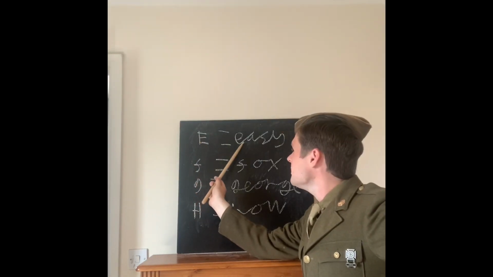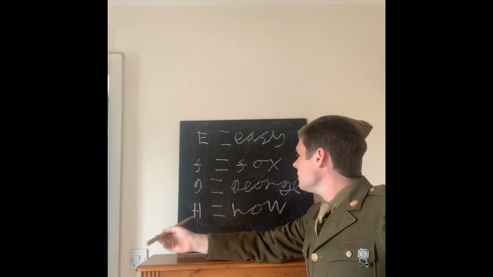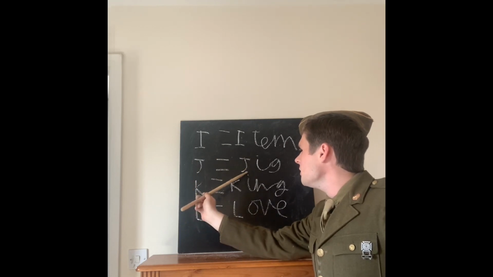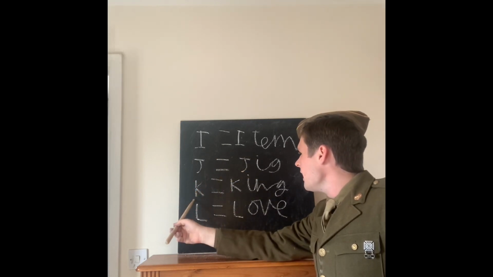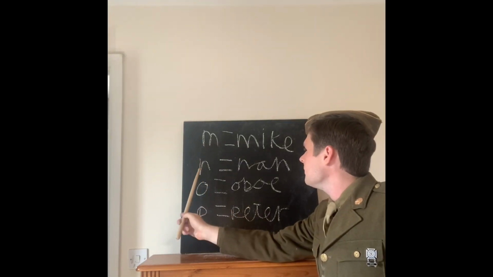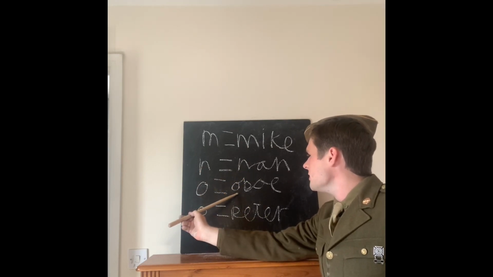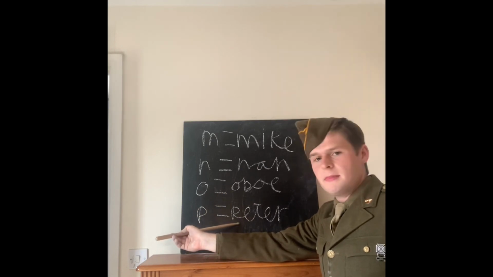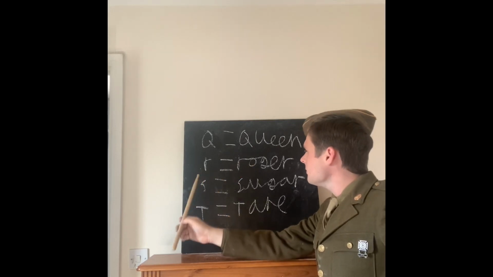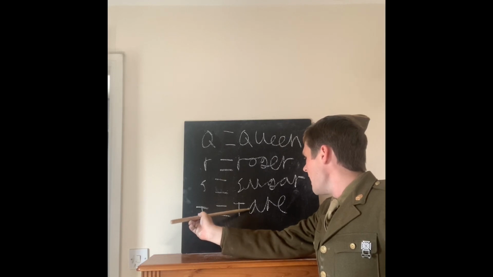E is for Easy, F is for Fox, G is George, H is How, I is for Item, J is for Jig, J-I-G, K is for King, L is Love, M is Mike, N is Nan, N-A-N, O is Oboe, as in the instrument, P is Peter, as in the name, Q is Queen, R is Roger, S is Sugar, and T is Tare. Tare is T-A-R-E.